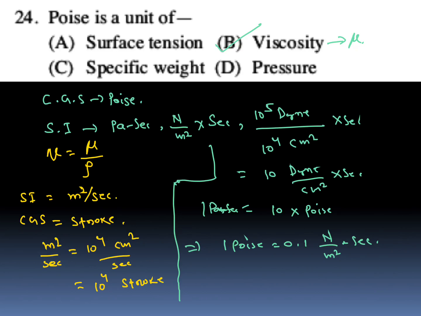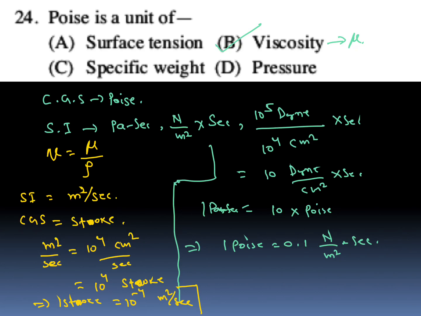So 1 stokes you can also write as 10 to the power minus 4 meter square per second. SI to CGS conversion or CGS to SI conversion, both are important for Poise and stokes. Here this is stokes. Both conversions are important, Poise and your stokes.